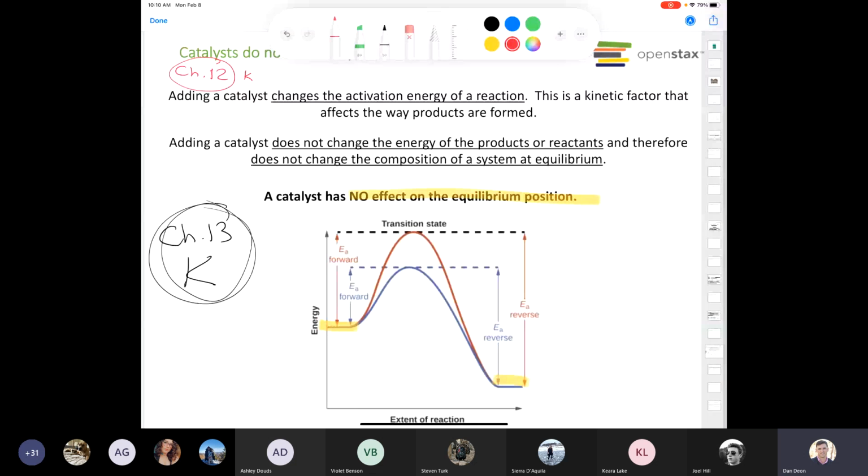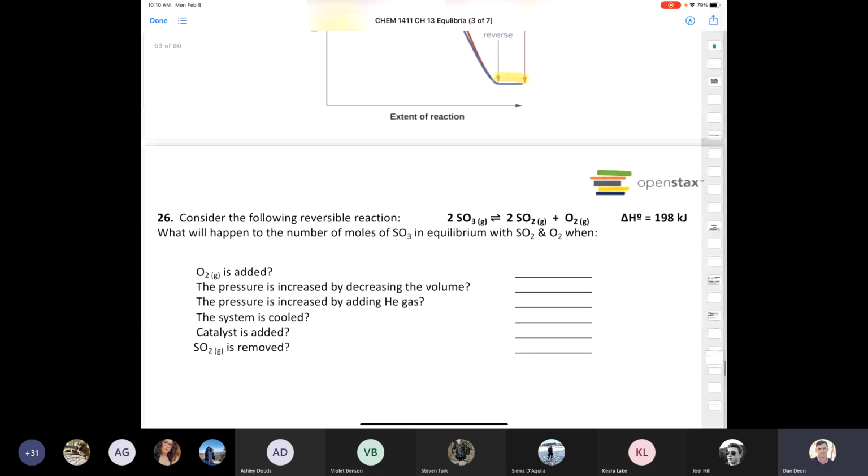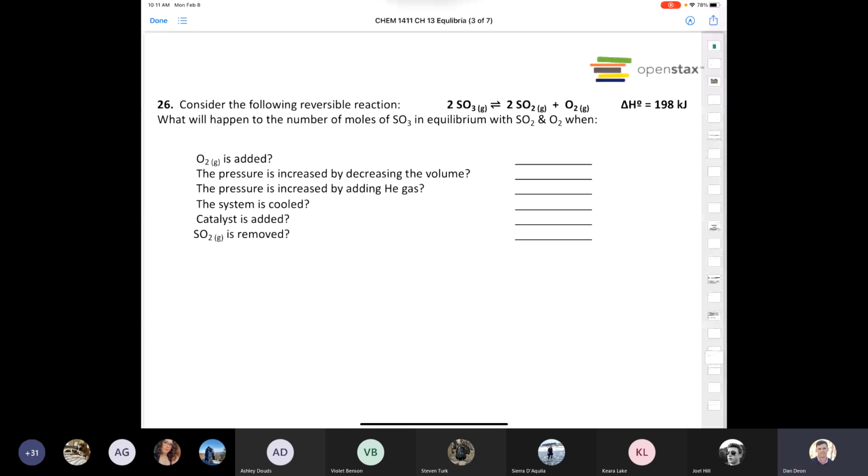Let's take a look at question 26 and 27, which maybe we'll just do 26 for now. Same rationale here. Consider the following reversible reaction: 2 moles of sulfur trioxide in equilibrium with 2 moles of sulfur dioxide and oxygen.